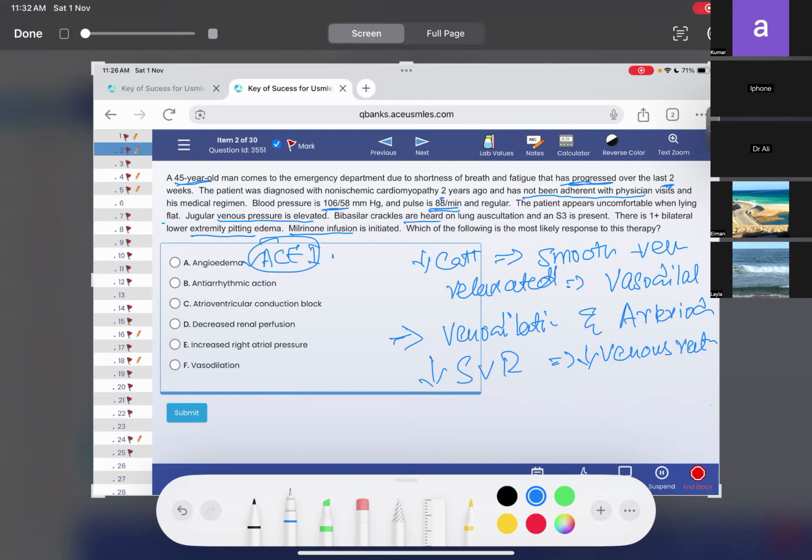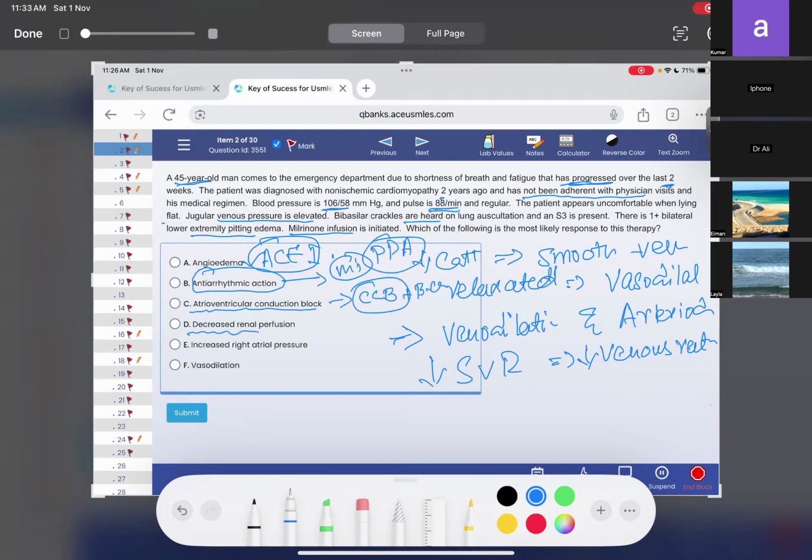So milrinone is not an ACE inhibitor, and antiarrhythmic action is also not associated with milrinone because milrinone is a phosphodiesterase inhibitor. Atrioventricular block is usually caused by which medications? Calcium channel blockers and beta blockers.